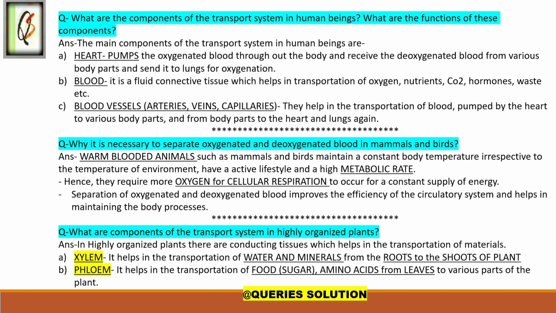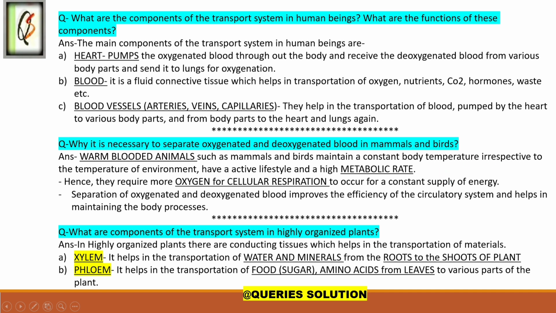So that's what we are saying. We are warm blooded and our body maintains a constant body temperature irrespective of the temperature of the environment. And even after having this, we still try to have an active lifestyle and a high metabolic rate. Hence, we require oxygen for cellular respiration in a higher concentration so that we constantly get a supply of energy.